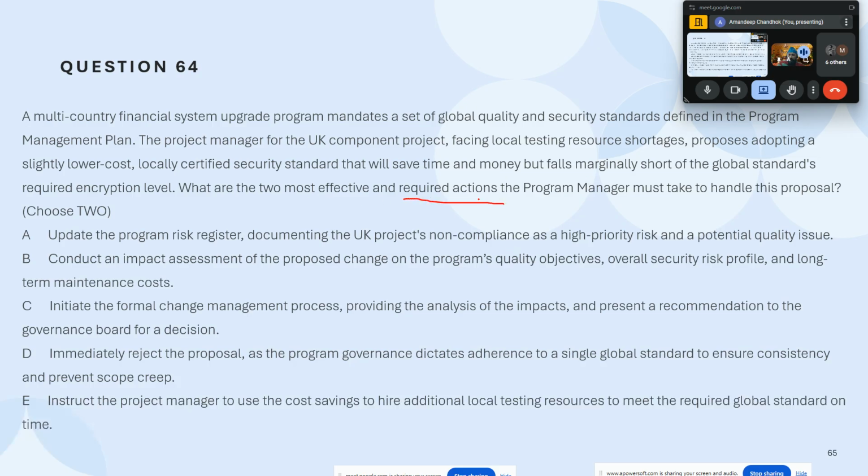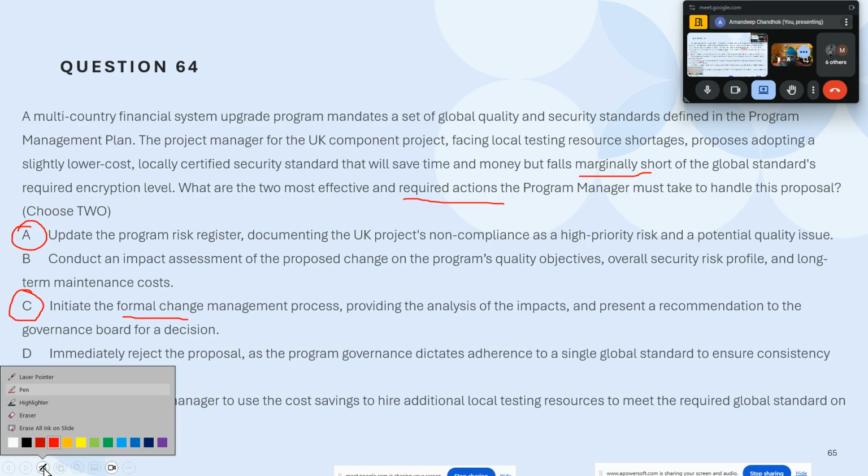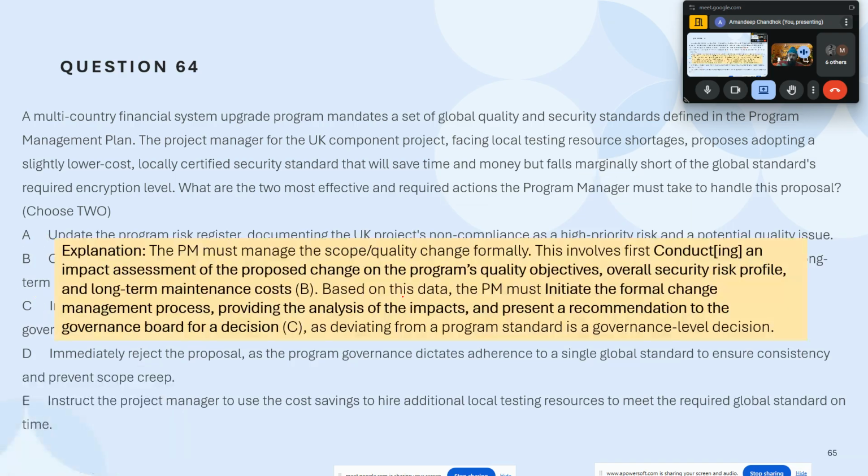Again, this is leaving it quite open, so it again brings us between A and C. What should we choose? Should we initiate a change request saying, okay, let it be marginally short, we'll still go ahead with it? Again, too close to each other. Now let's bring in the answer and then we'll talk through it.